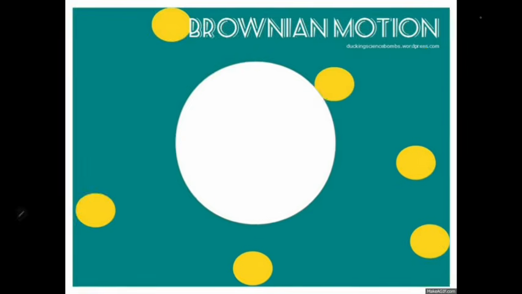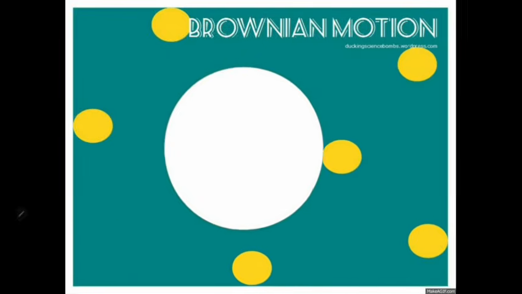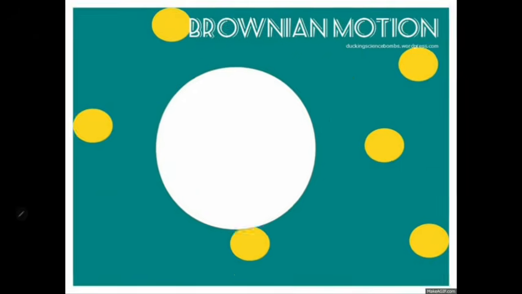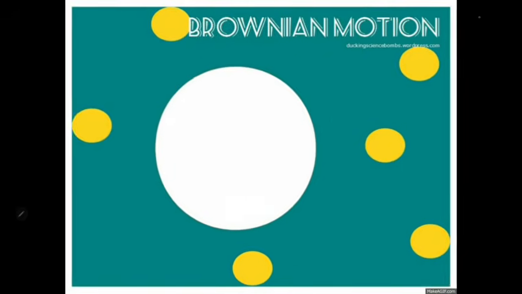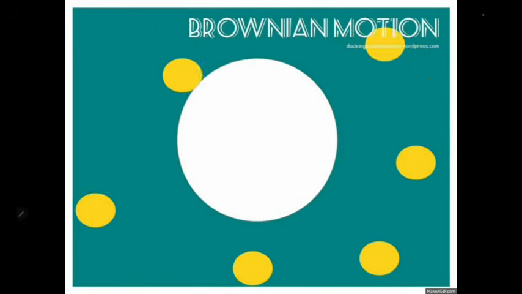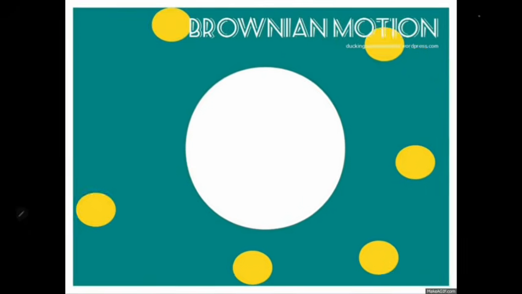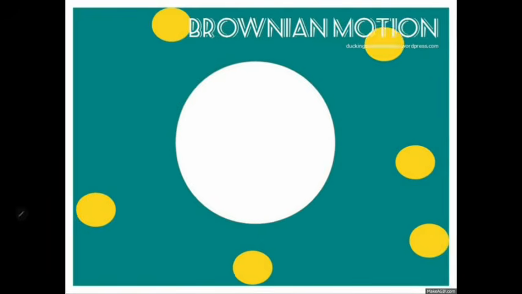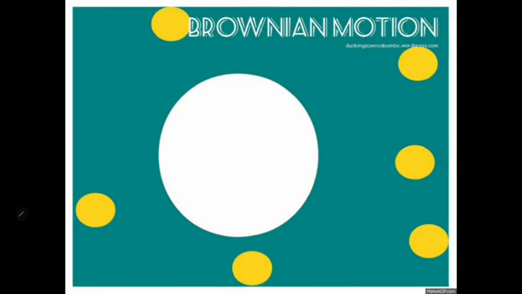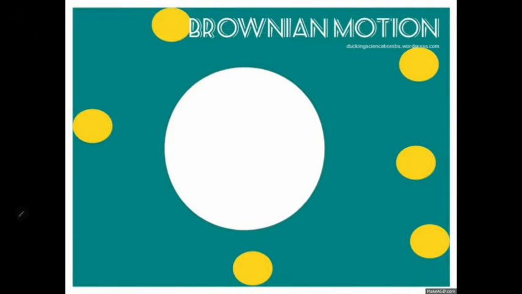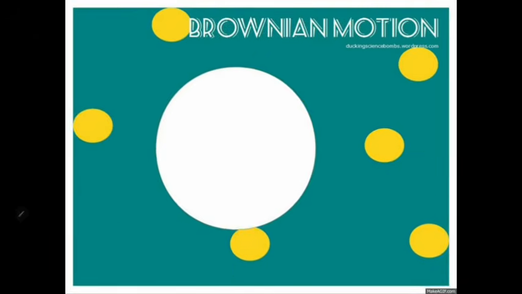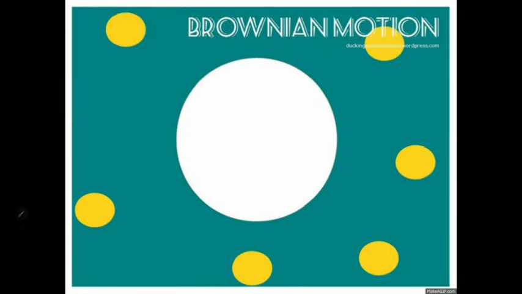They will be massive or big in size compared to the liquid molecules, and here yellow circles are molecules of liquid. So as you can see, these fast moving water molecules or liquid molecules will be moving randomly. When they collide with these massive dust particles or pollen grains, the pollen grains will also move in random directions. So we can describe this motion as random motion.